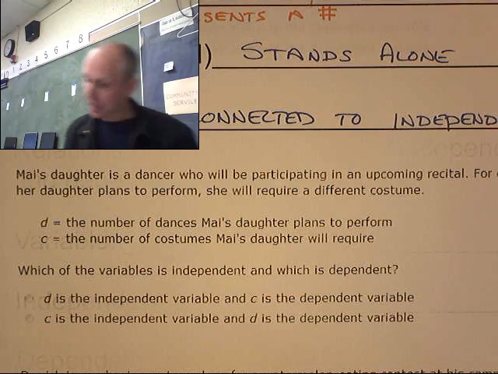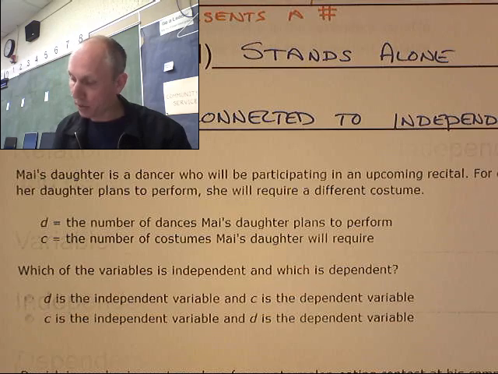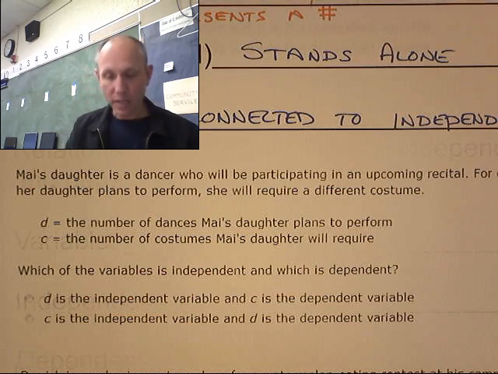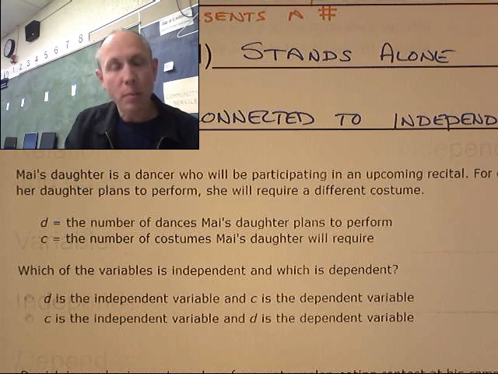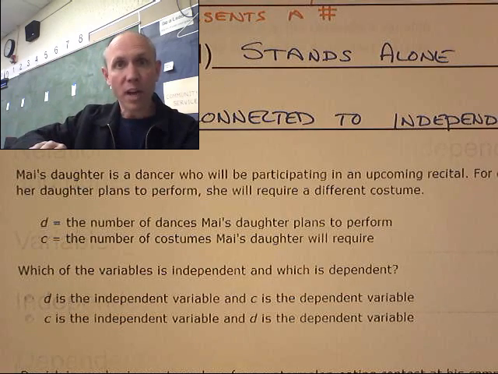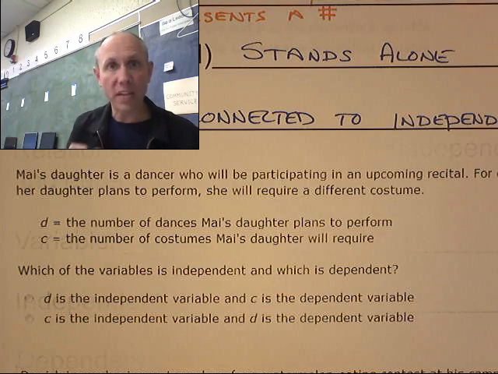Molly's daughter is a dancer who will be participating in an upcoming recital. For each dance she has to perform, she needs a different costume. So here's the question. Does the number of dances drive out the number of costumes, or does the number of costumes drive out the number of dances?